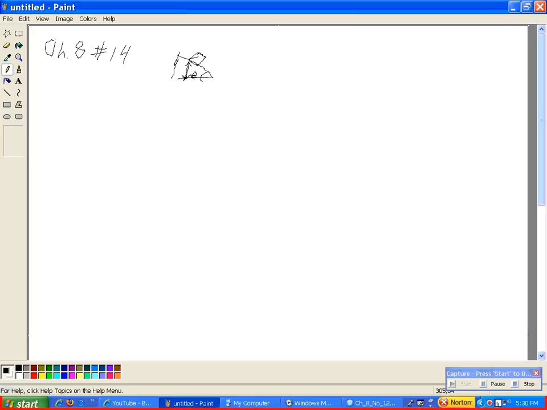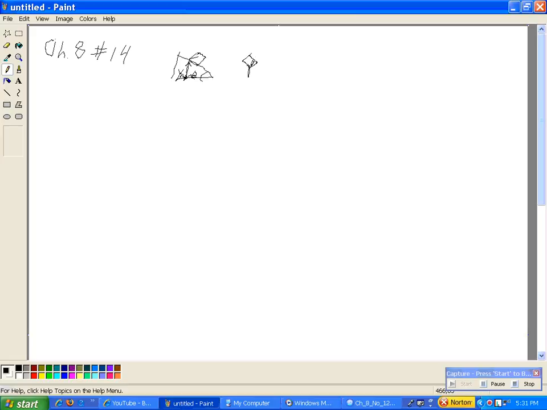I'll label that as the y-angle. It tells us, we'll get to that in a minute. We can do a free body diagram. Notice that it's just the body, that there's nothing else underneath.